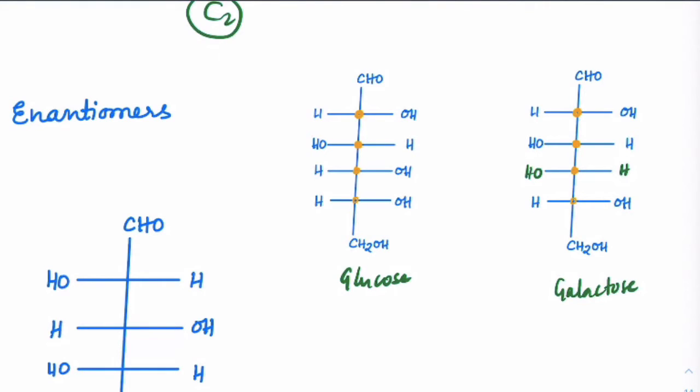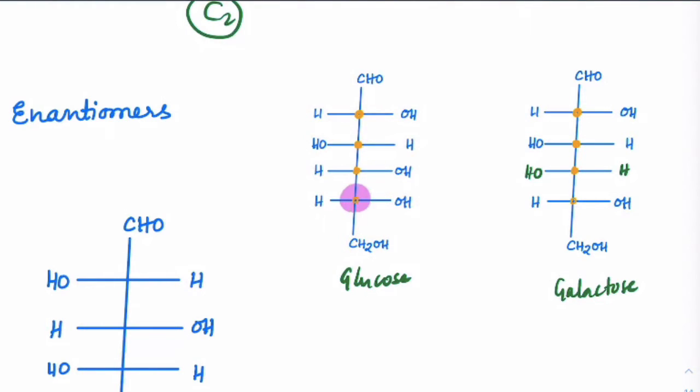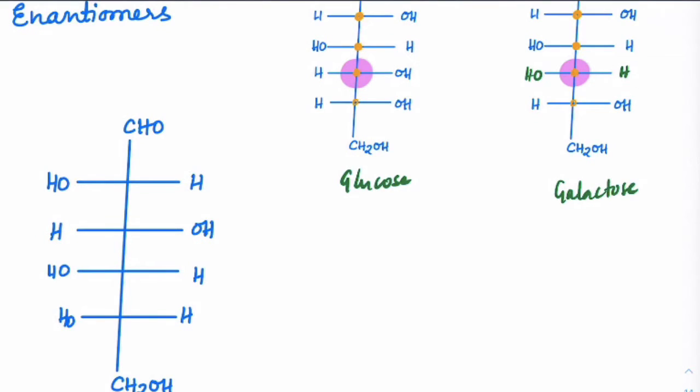Rest all is the same. So can I say that with respect to this C4 carbon, you can see the configuration is different, rest all are same. Okay. So I can say glucose and galactose are C4 epimers.